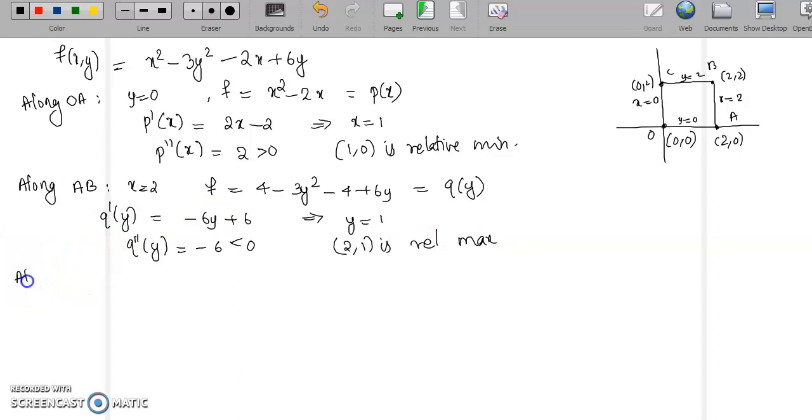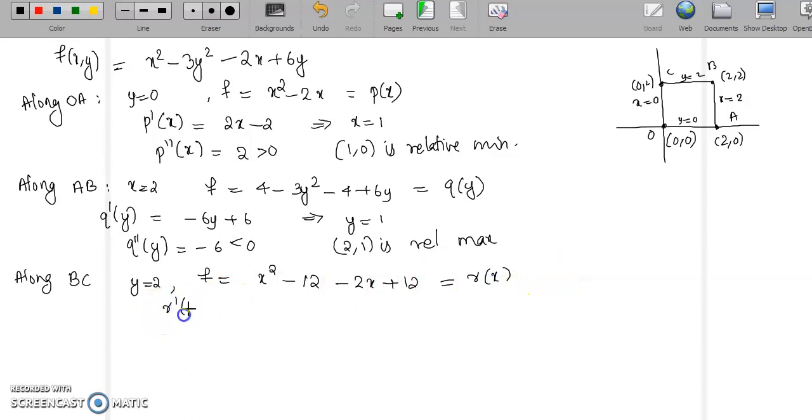And again take along BC. So along BC y will be equal to 2. So we substitute the value: x square minus 12 minus 2x plus 12. So that is again x square minus 2x. Call it r of x.